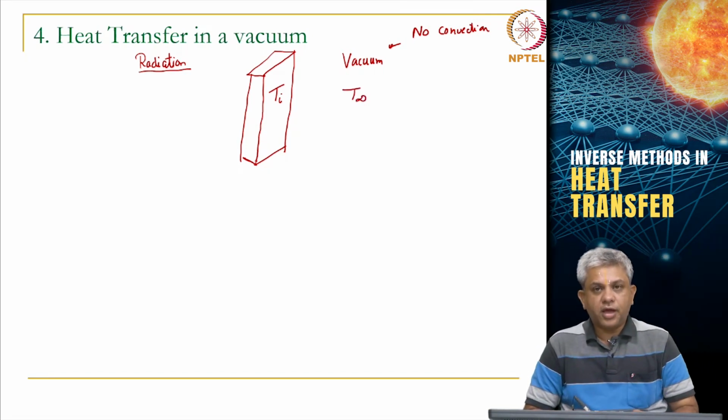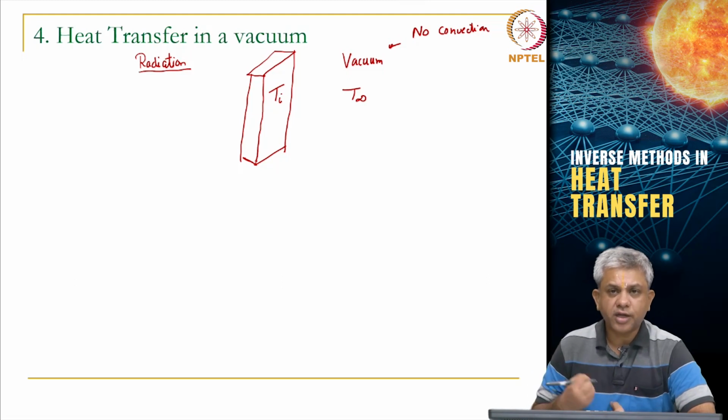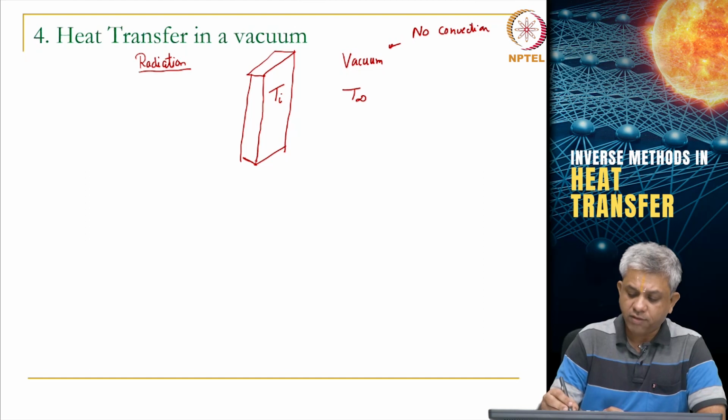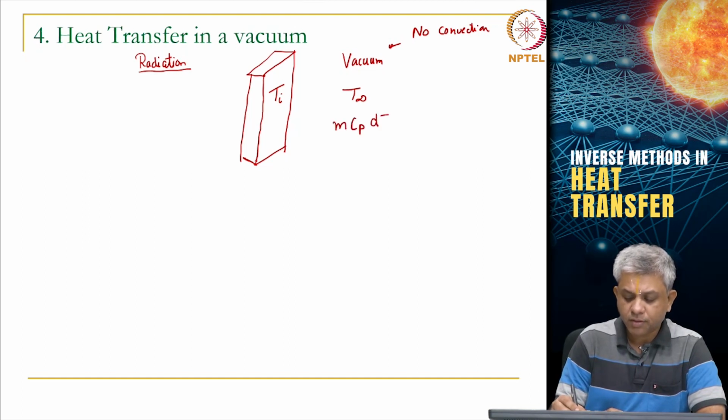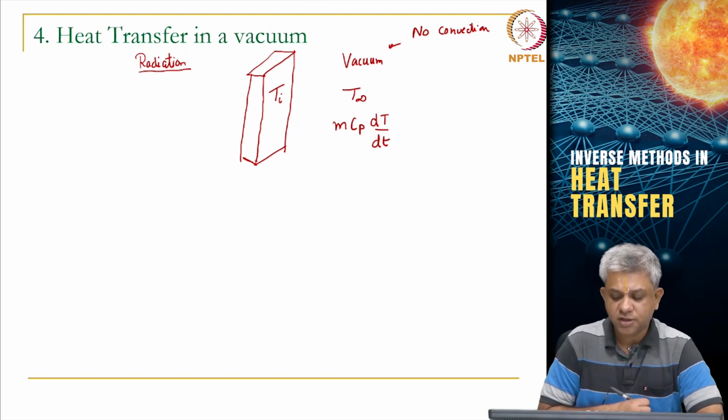In this case, what is going to be the differential equation we start with? Once again we can start with m Cp dT by dt. I am not going to define a theta here, you will see shortly why.